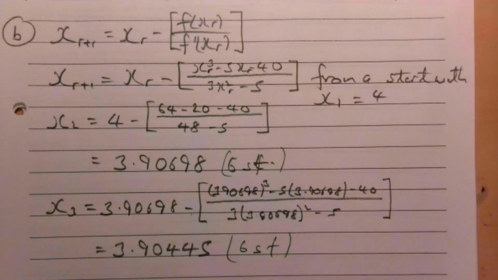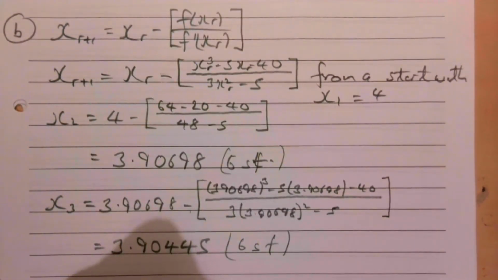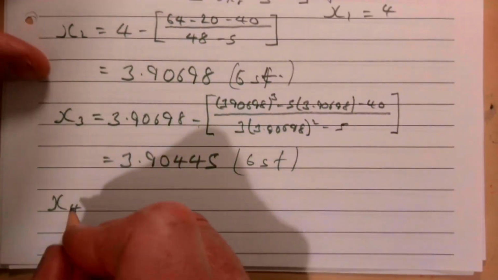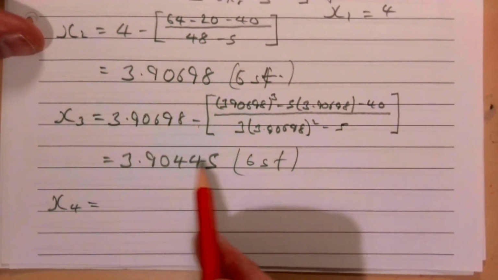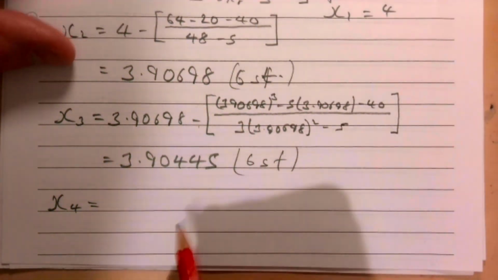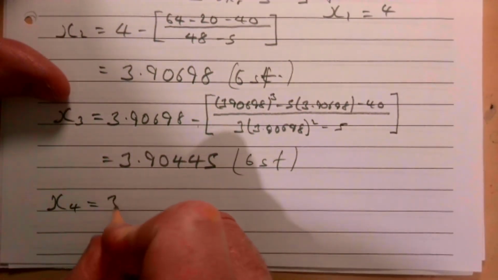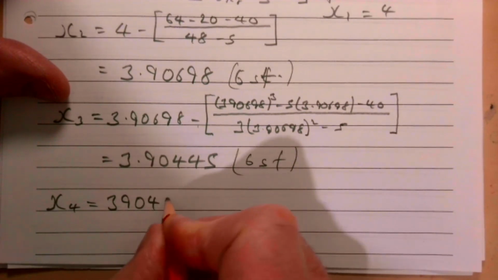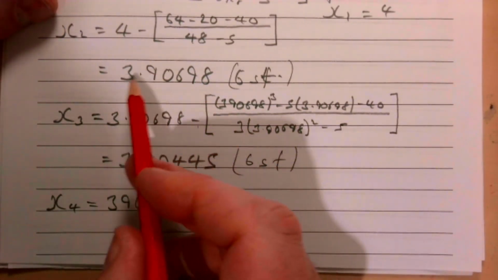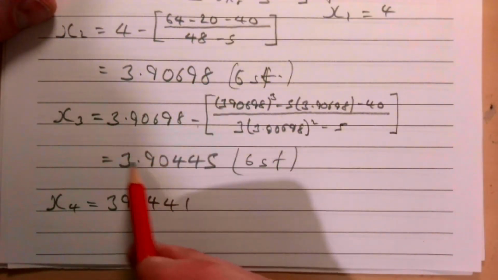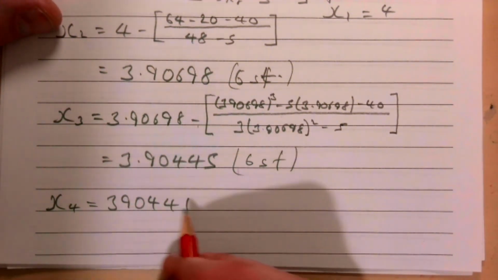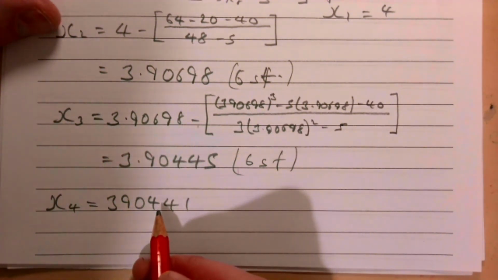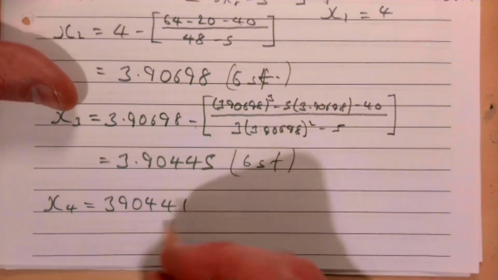If we then work out x4, I'm running out of space here. Instead of subbing in the previous number, I'm subbing in 3.90445 into this, and you can take my word for it again, you get 3.90441. So we'll go 3.90698, 3.90445, 3.90441. It's changing very little. So let's write that down.